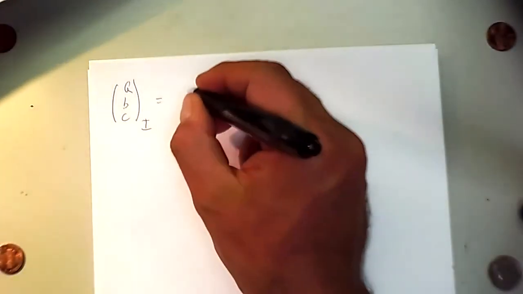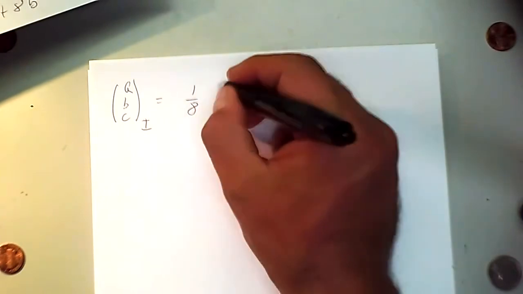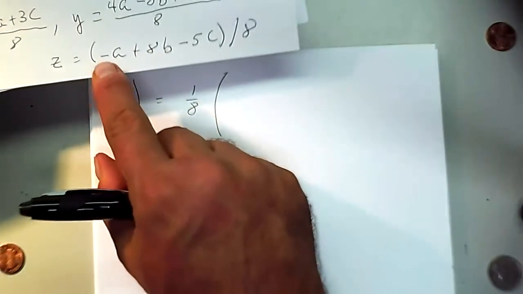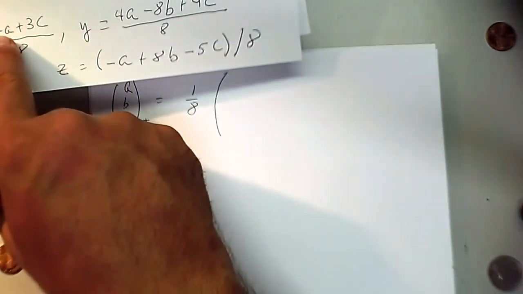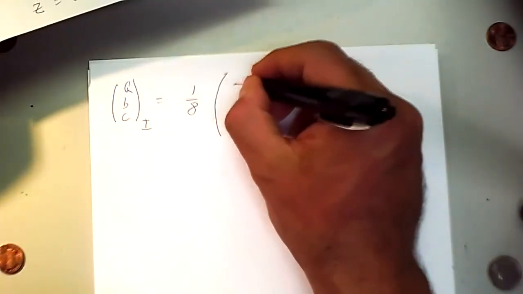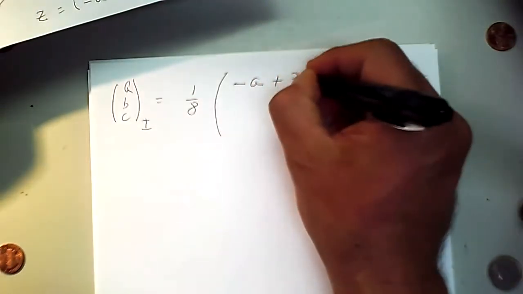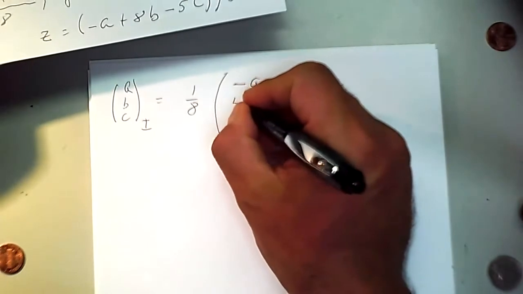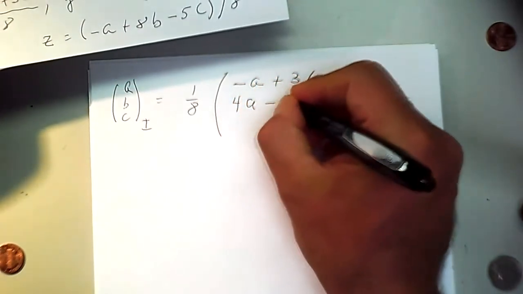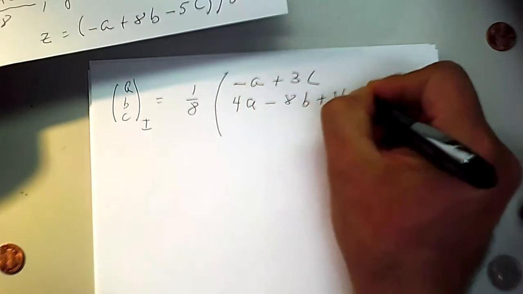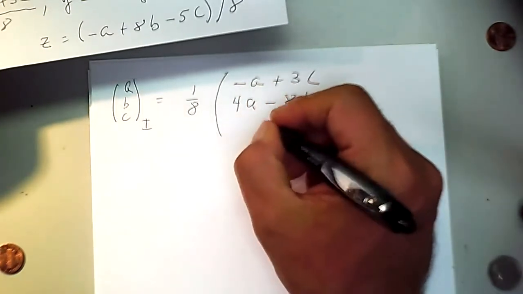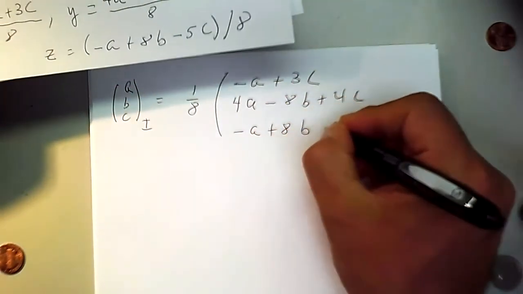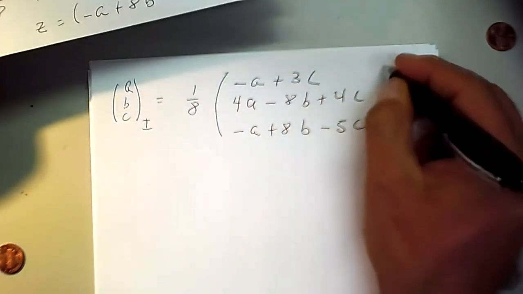We can factor out the 1 over 8. And so the new coordinates are going to be negative A plus 3C, 4A minus 8B plus 4C, and then negative A plus 8B minus 5C.